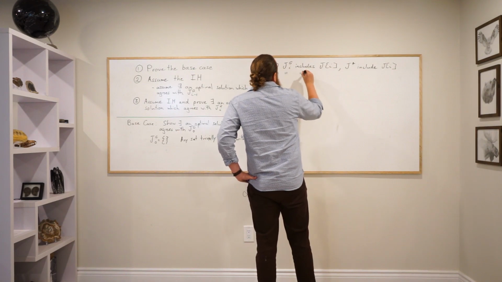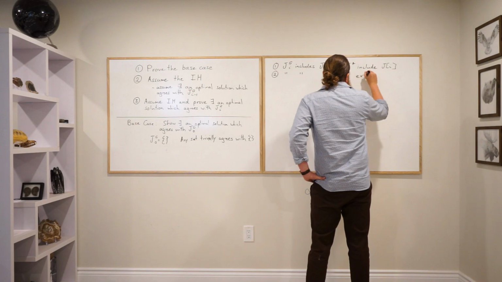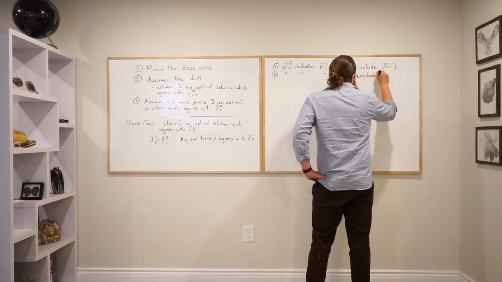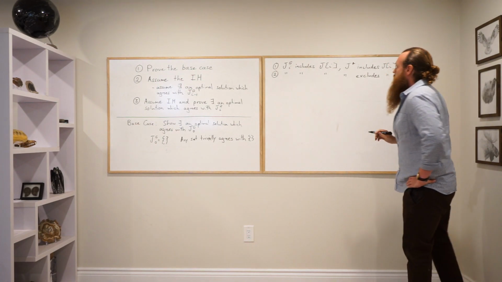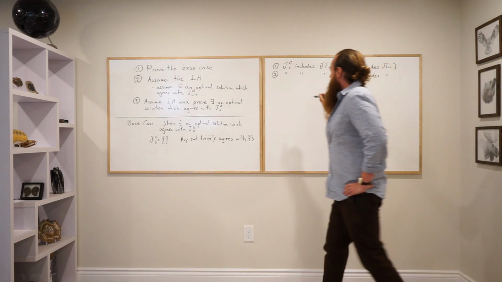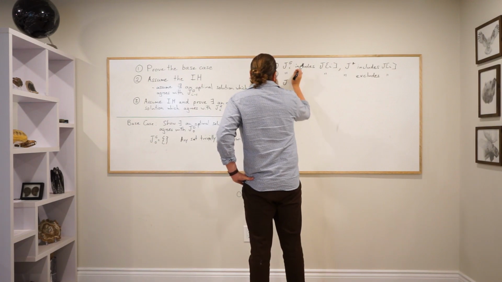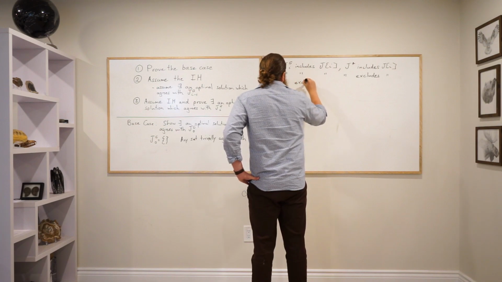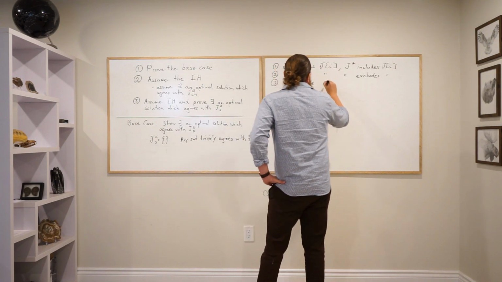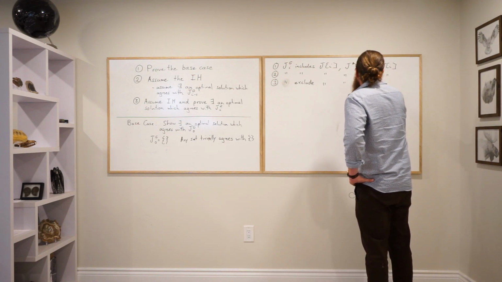Well, same thing, except maybe J star excludes this here. Excludes the job. Of course, we have the case where our greedy solution excludes the job, and J star includes it.